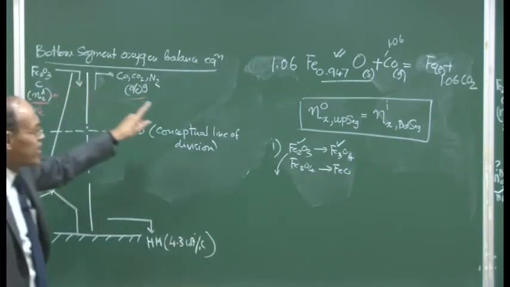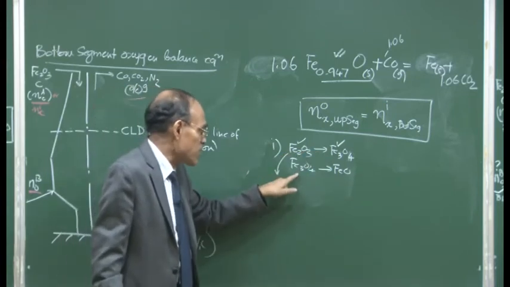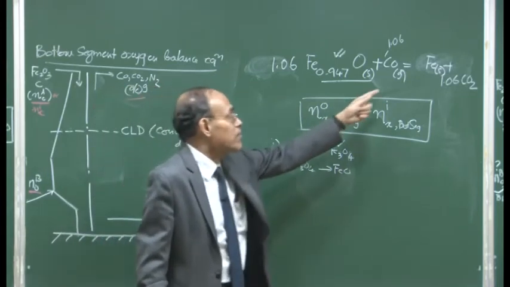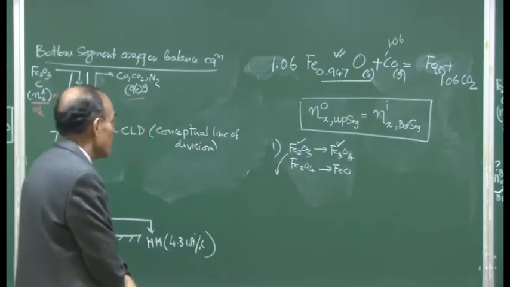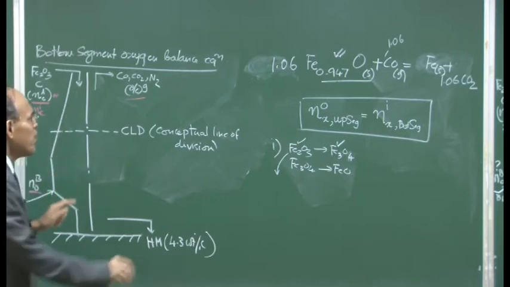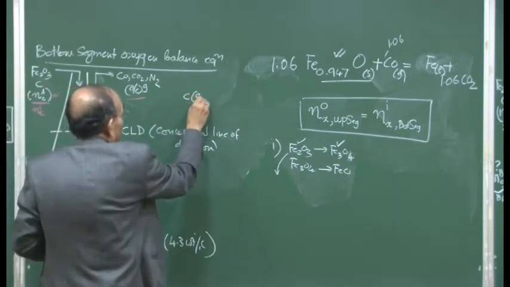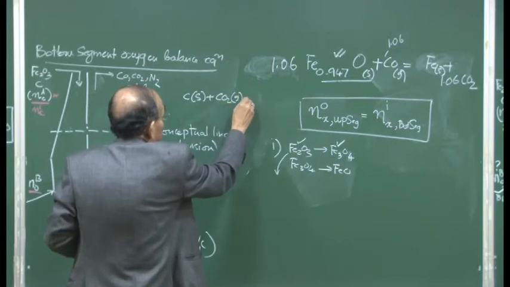These reduction reactions are possible, and by that we mean only the gaseous reduction: reduction by carbon monoxide gas of Fe2O3 to Fe3O4, and Fe3O4 to FeO. That is possible in this part, because silica reduction and the like are extremely high temperature, extremely endothermic processes, so they will never happen here. Also we have seen the gasification reaction, carbon solid plus CO2 gives 2CO.